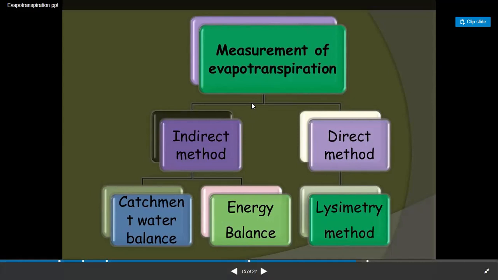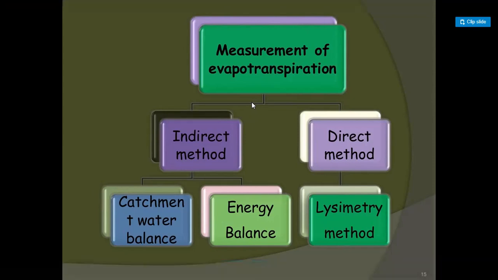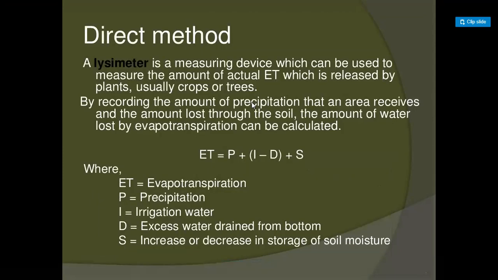So guys, measurement of evapotranspiration: indirect method, direct method, catchment water balance, energy balance, and lysimetry method. So guys, in the direct method, a lysimeter is a measuring device which can be used to measure the amount of actual evapotranspiration which is released by plants, usually crops or trees.